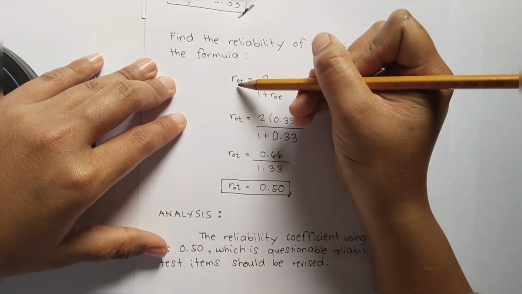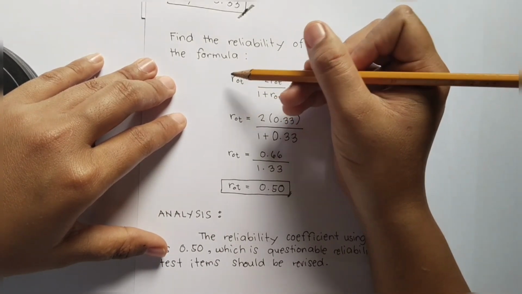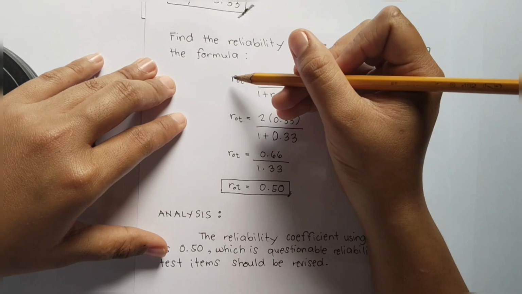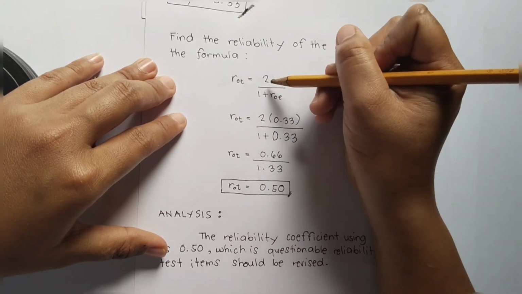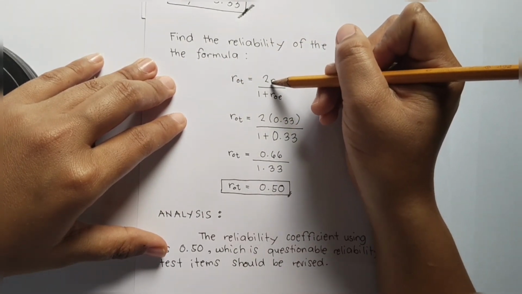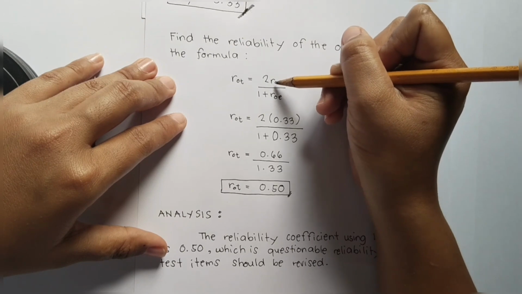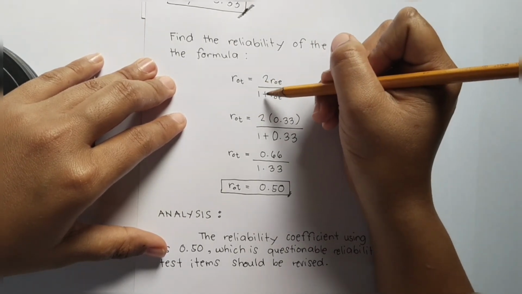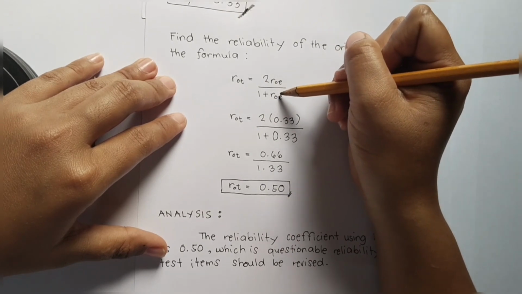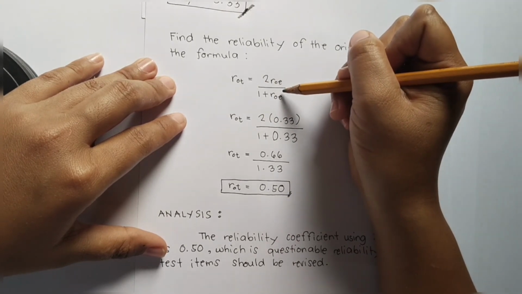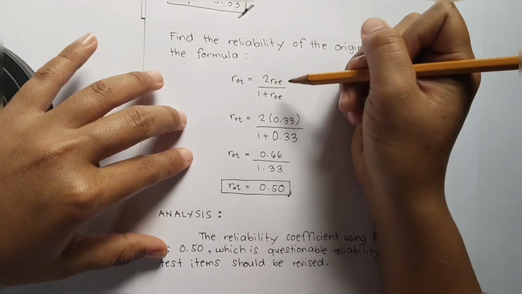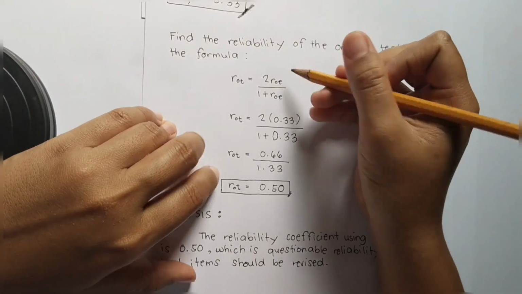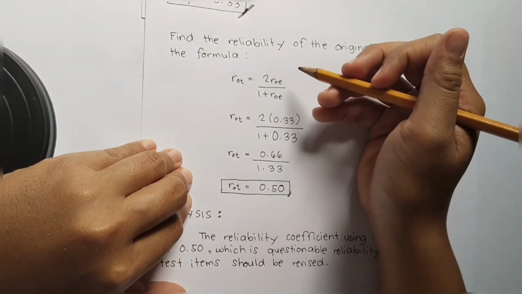To find the reliability of the original test using the formula, which is yung kanina, yung Spearman-Brown formula, reliability of the original test is equals to 2 times the reliability of the correlation of odd and even items over 1 plus reliability of the correlation of odd and even items. So, ang gagawin natin ngayon ay ganun pa rin.